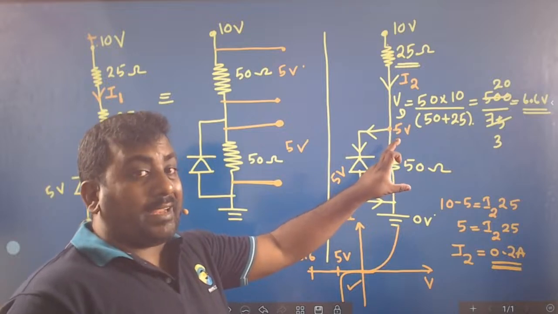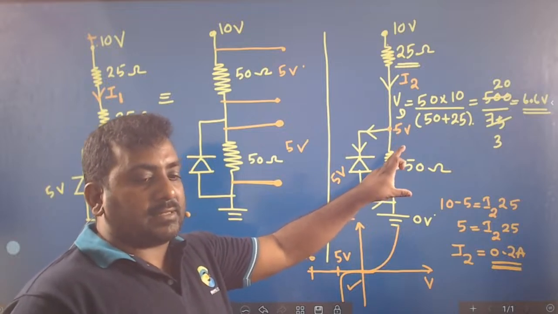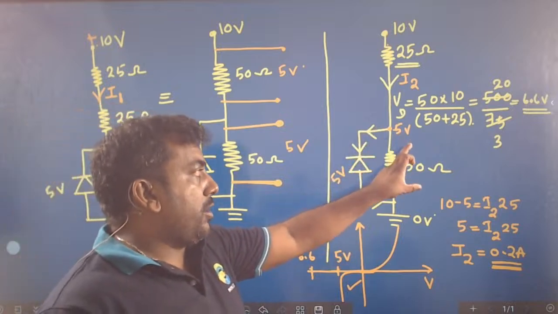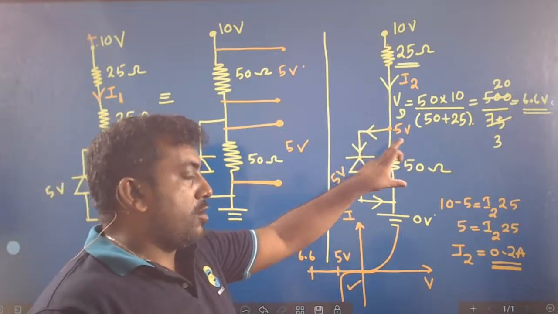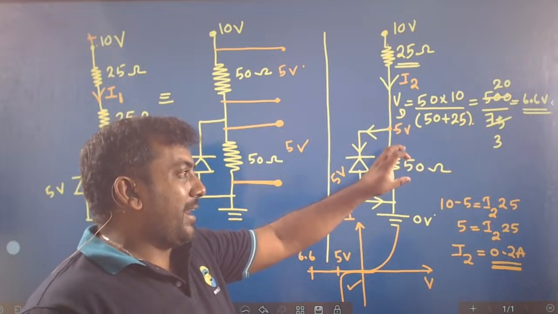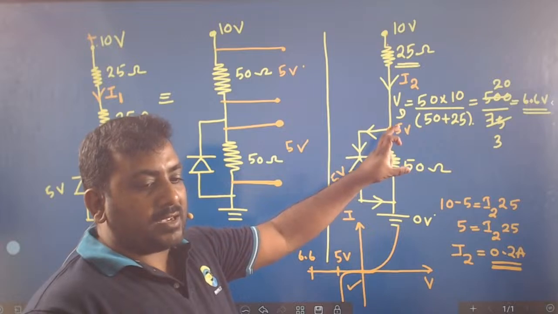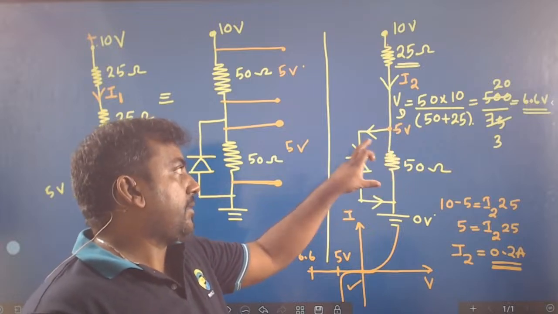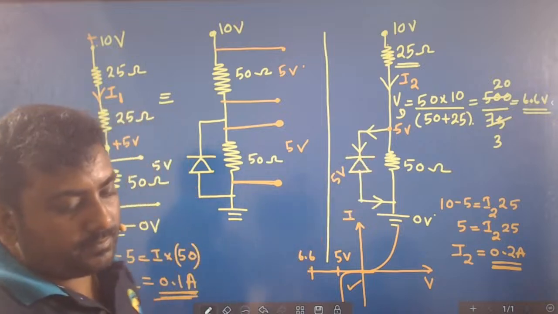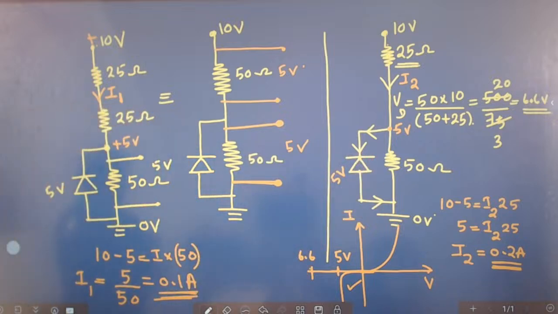Even if the voltage across the 50 ohm resistor is greater than 5 volts, breakdown voltage will occur across the diode.